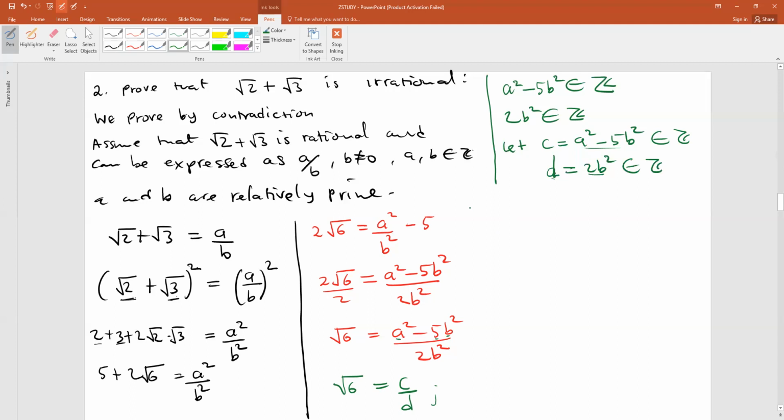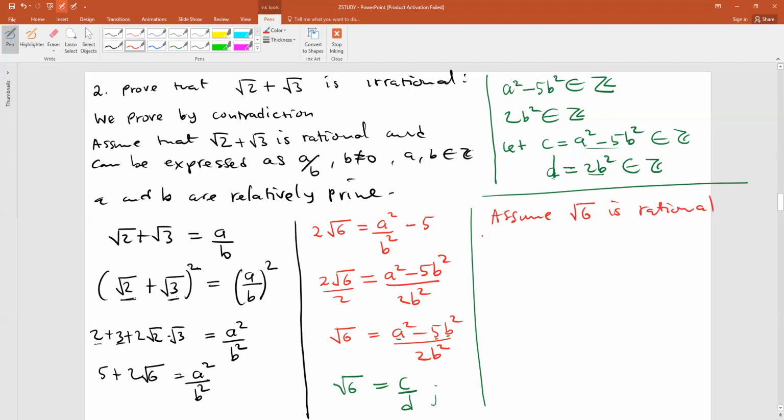So we assume that root 6 is rational and is expressed as c over d, where c and d, we just said, are integers. c and d have no common factor.